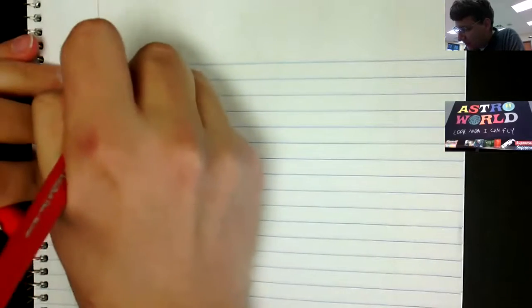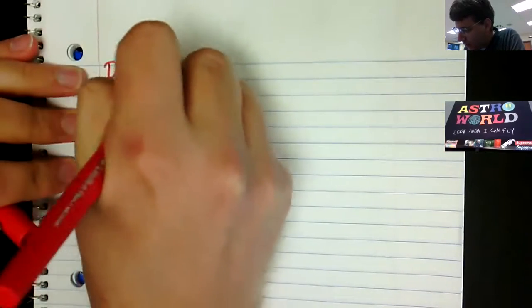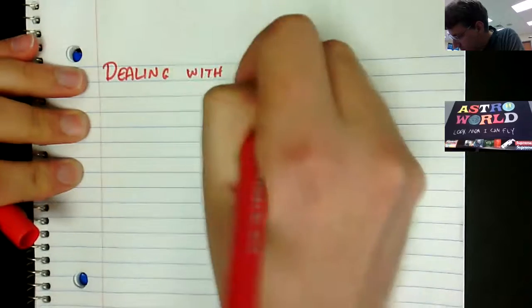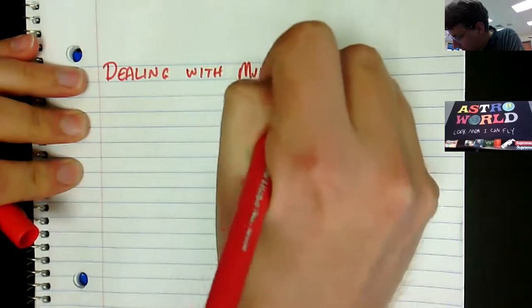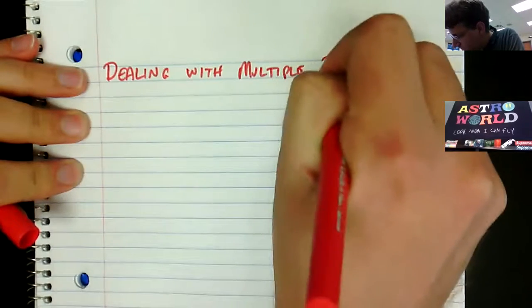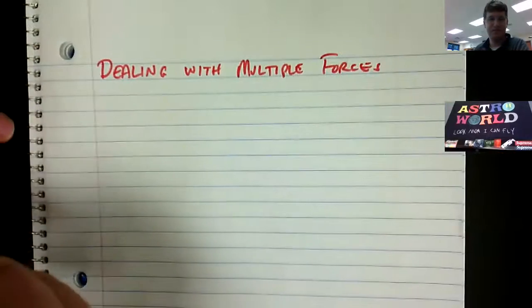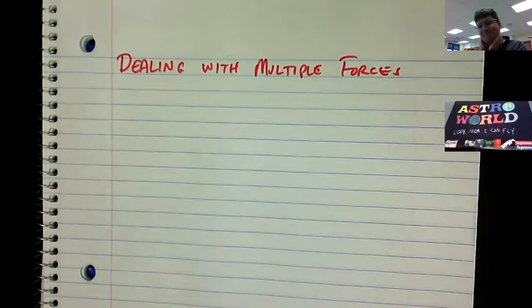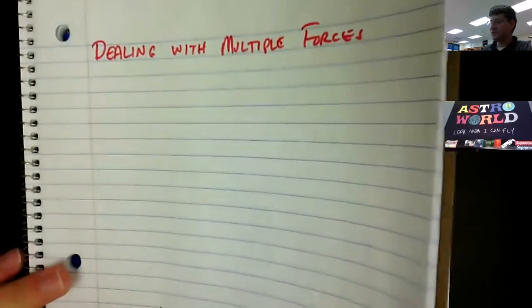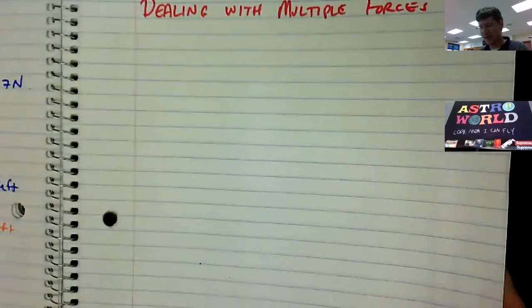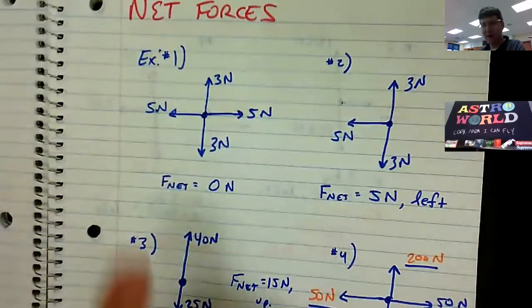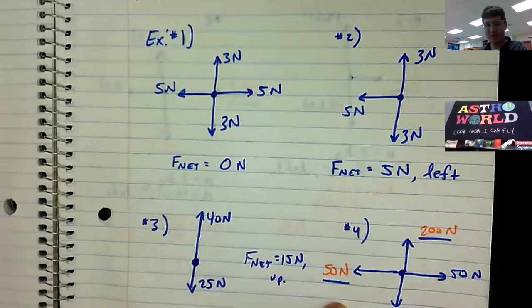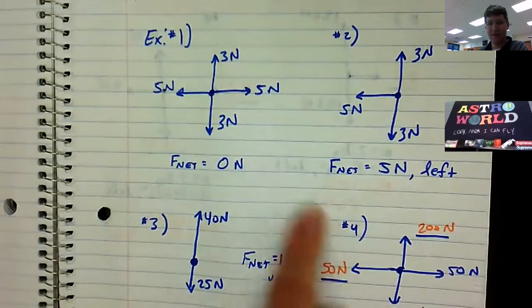Okay. So your notes for today, you can label them dealing with multiple forces. Just to remind you what we did last time, we were drawing these things called free body diagrams and filling in numbers on them.